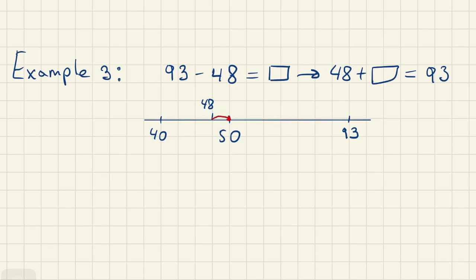We get plus 2. So 48 to 50, we have to add 2. 48 plus 2 equals 50. And then from 50 to 93, pay attention here, we have to add 43. So we go plus 43. Plus 2 and plus 43 together give us 45, which is going to be our answer.